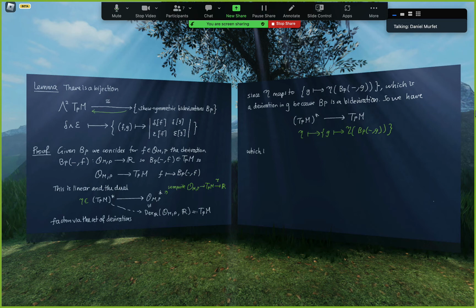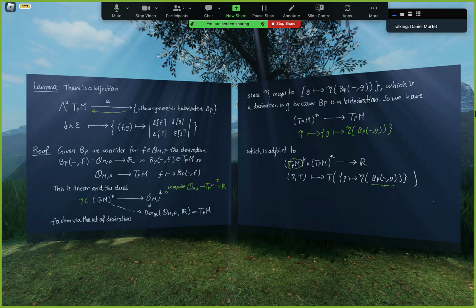That's a linear map, which is adjoint to the bilinear pairing TPM star cross TPM star goes to R, which sends eta comma tau to tau of G maps to eta of BP blank G. If you're wondering what this BP blank G is, well, what does eta eat?